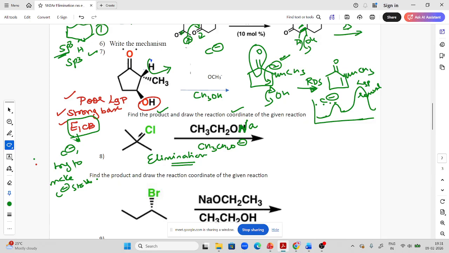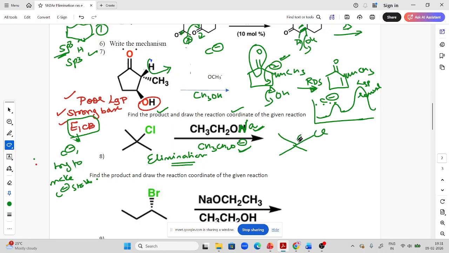It's E1. The moment I see a conjugate base in the presence of its salt, or in the presence of an acid or alcohol, it's a base. Now I could see this is a tertiary alkyl halide, isn't it? As you are having this confusion between E1 and E2, what would be the first step here?